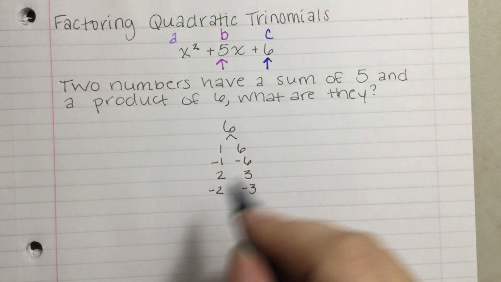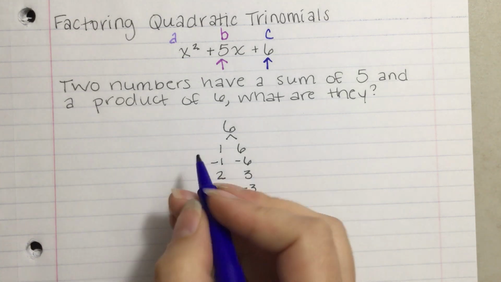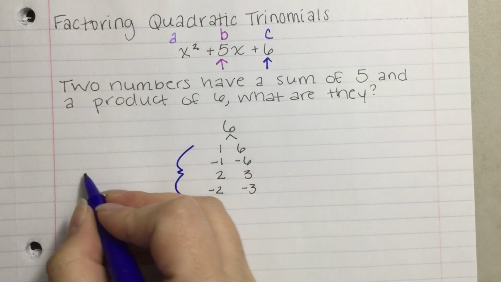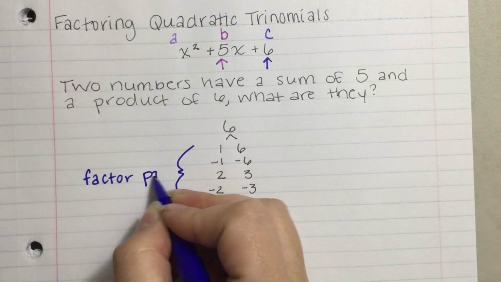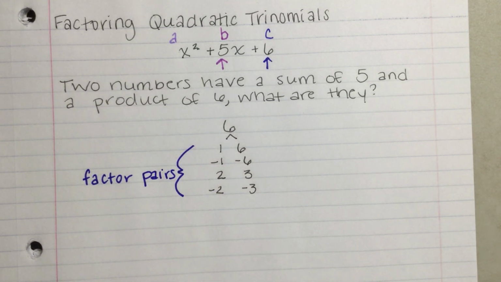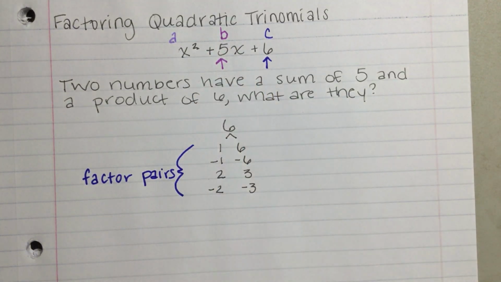So those are all my factor pairs of 6. From there, what I would want to look at is, of those, which ones would have a sum of 5, my b value.